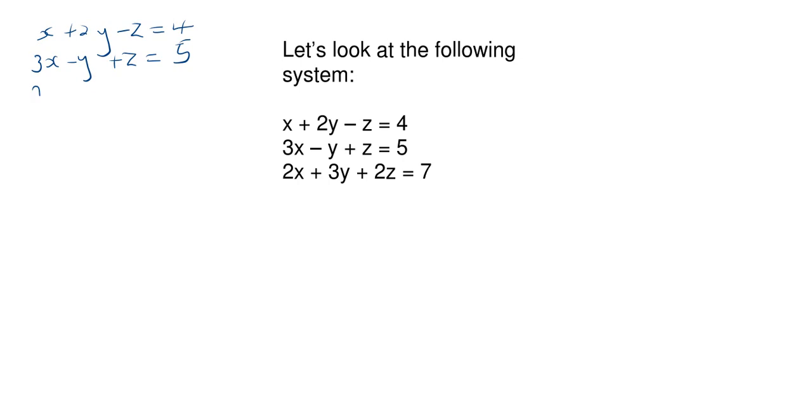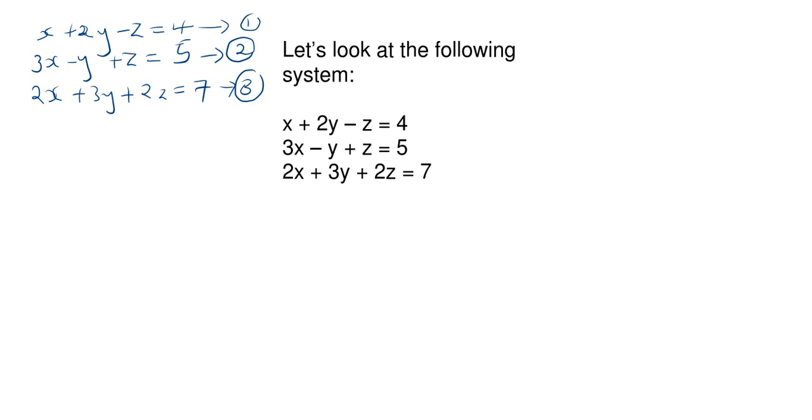And we have 2x plus 3y plus 2z is equals to 7. These are three unknowns. We have x, y, and z. Let's have this as equation 1, this as our equation 2, and this as our equation 3.